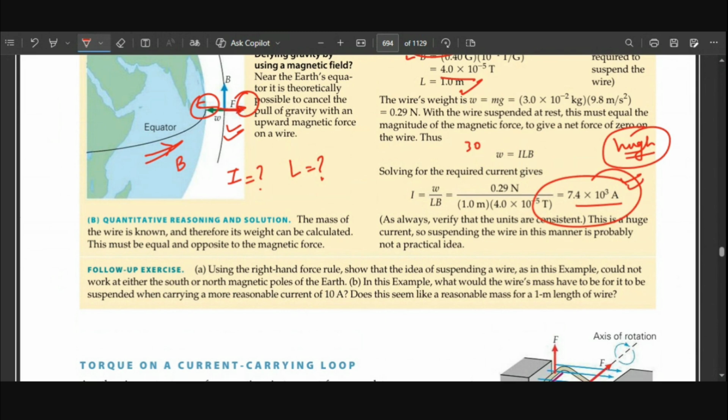And what about the current output? 3 amps. So just try to imagine that your phone only needs 3 amperes of current. And for the wire to be suspended in air under the influence of Earth's gravity and Earth's magnetic field only, the current passed through should be about 7,400 amperes. And the phone needs only 3 amperes of current. So you can see how big this number is. That is what I'm trying to explain. Okay.